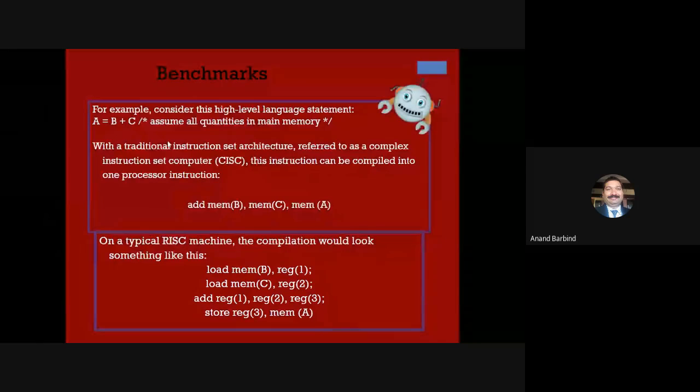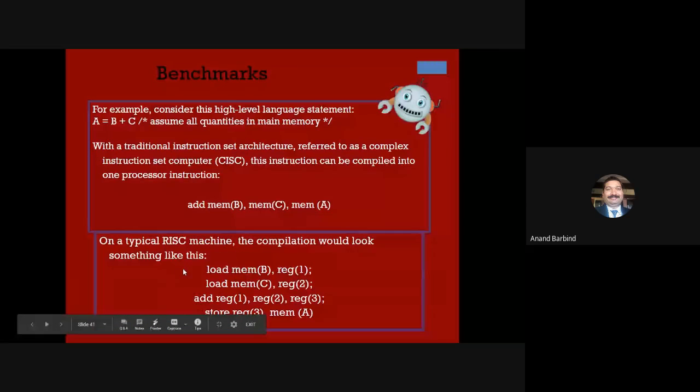So one CISC instruction is equivalent to four instructions of a RISC type of processor. So you cannot just compare a CISC type of computer with a RISC type of computer based on FLOPS, MFLOPS, MIPS rate, or CPI, that is cycles per instruction, because the instructions of CISC are complex, whereas the instructions of a RISC processor are simple.